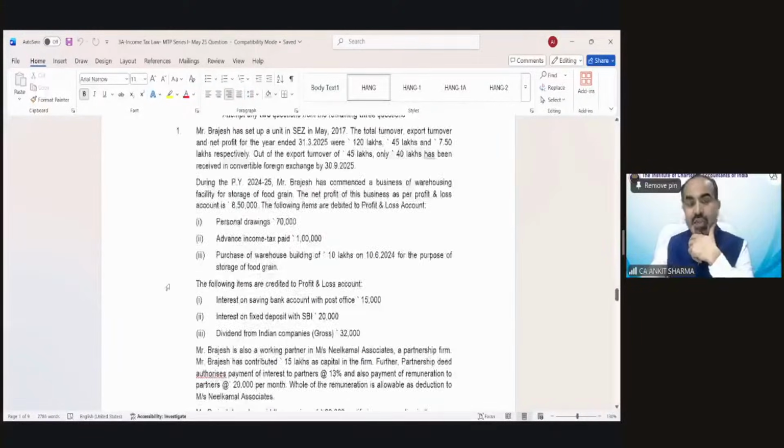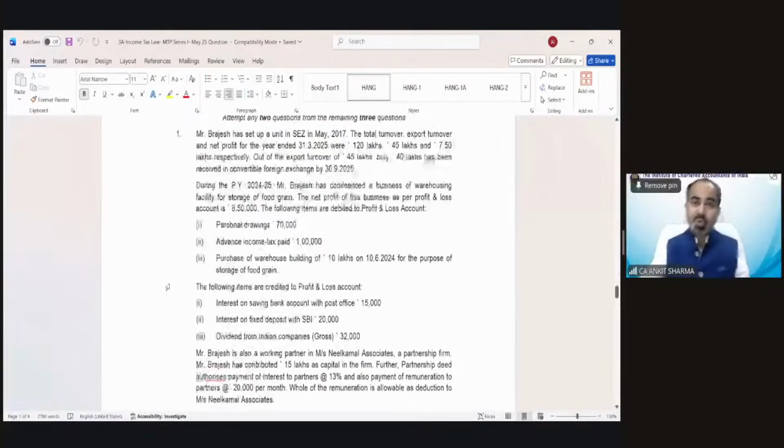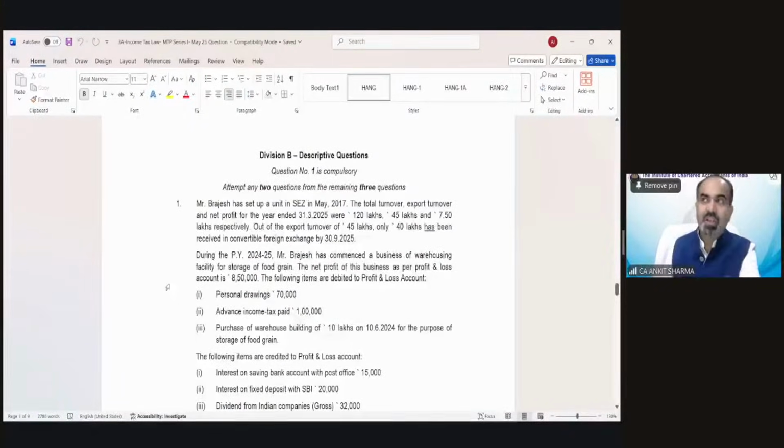This is the question, and as I have told you, the compulsory question would probably be from GTI calculation, TI calculation. Most of the components are related to calculation of PGBP.